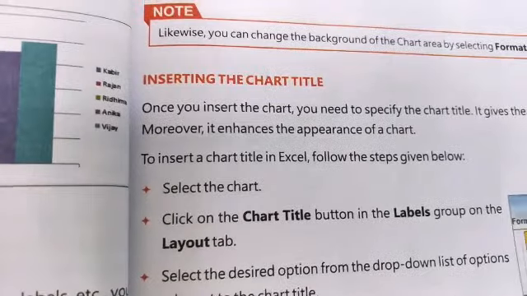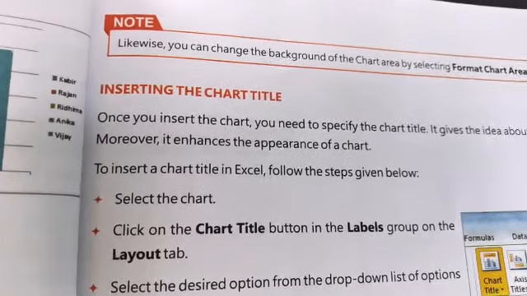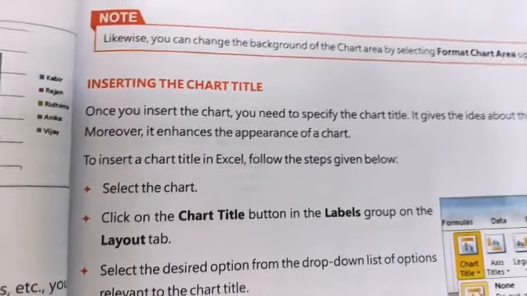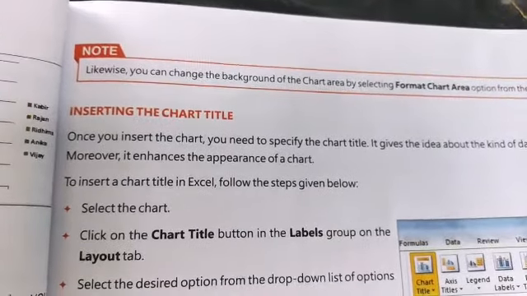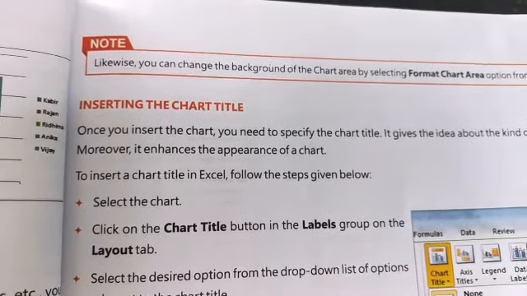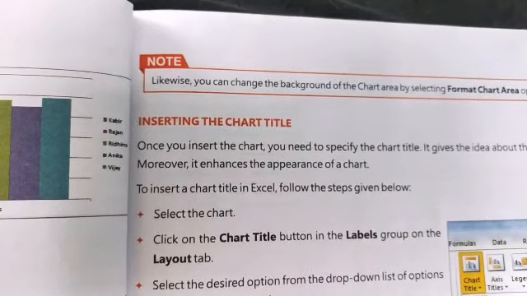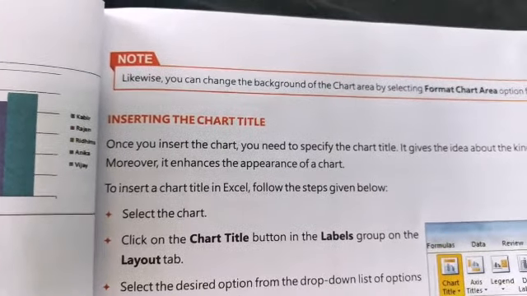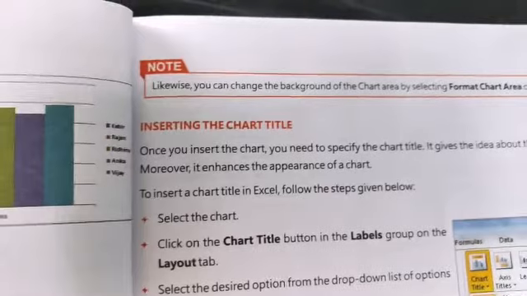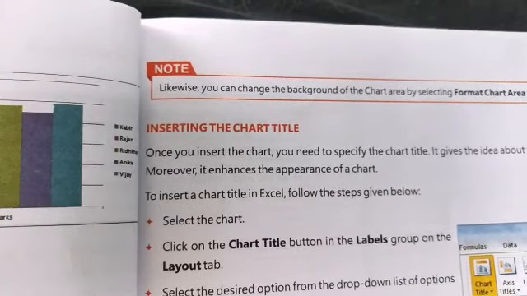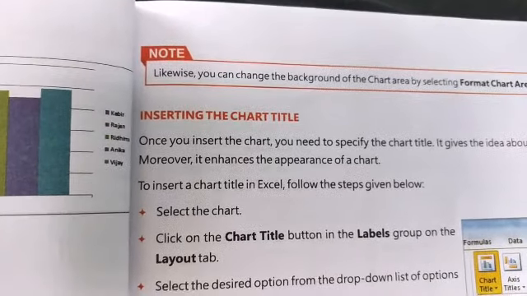First of all, you have to insert a chart. You need to specify the chart title about the kind of chart you are making, and it enhances the appearance of the chart.